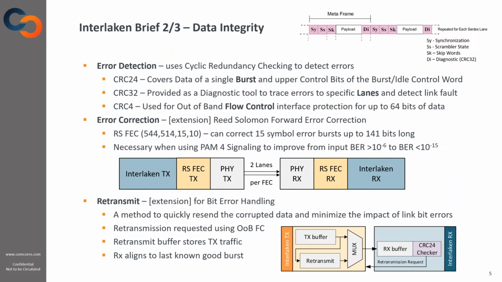And how that happens, basically, the transmitter keeps in a transmission buffer a copy of the data that it has sent, some amount of data, overwriting it continuously. At the point where the receiver asks for a retransmission, the transmitter will basically stop the normal data path and start sending data out of the retransmit buffer.